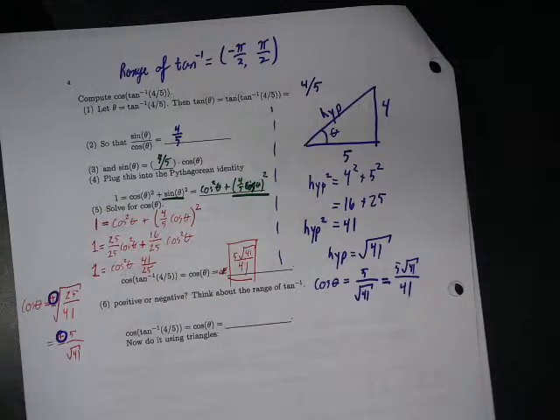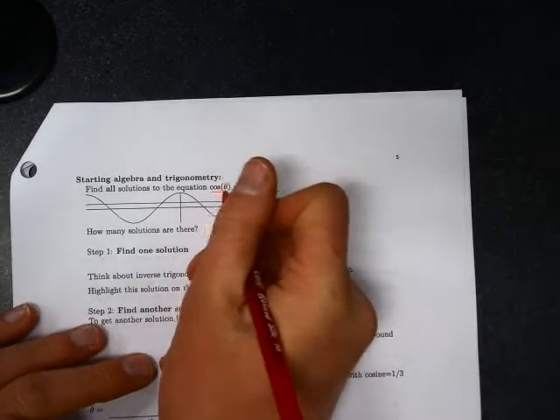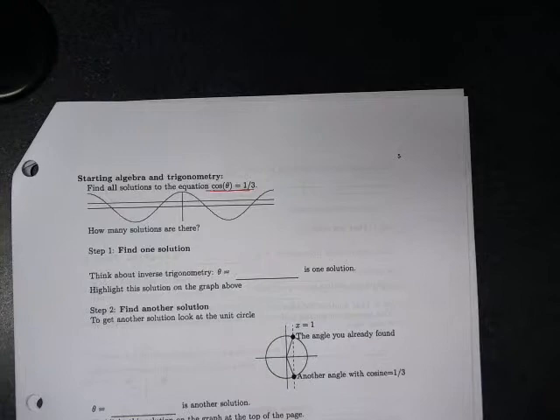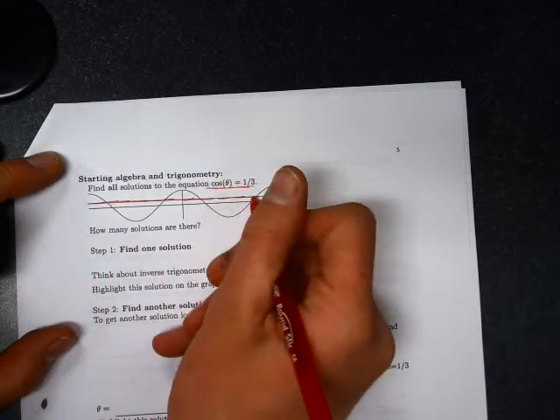What I'd like to start doing is using these things for the purpose they're intended, and that's solving trig equations. Let's solve some trig equations. In particular, here's one. Let's try to solve the equation cosine of theta is equal to 1 over 3. You see here the graph of cosine theta, and you also see a line at y equal to 1 over 3.